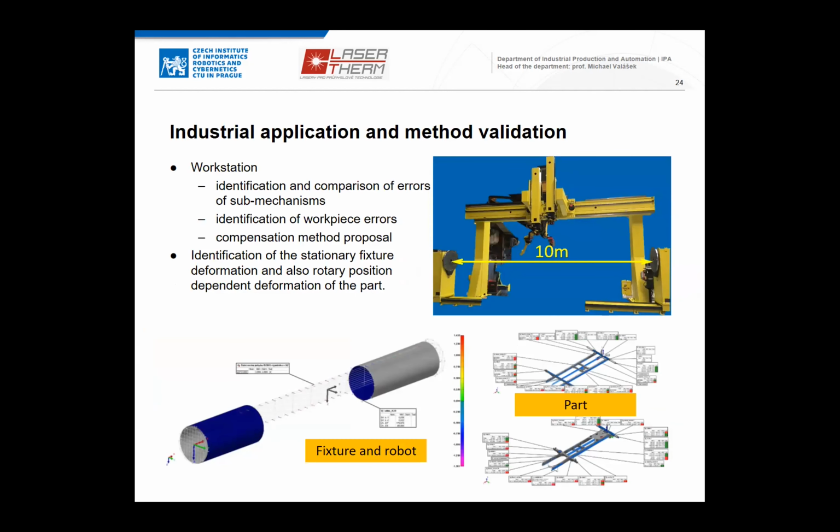Industrial application and validation: we solve identification of the master geometry at the workstation and workpiece errors. It's our goal or task. We compare the workpiece errors and find a suitable solution procedure.